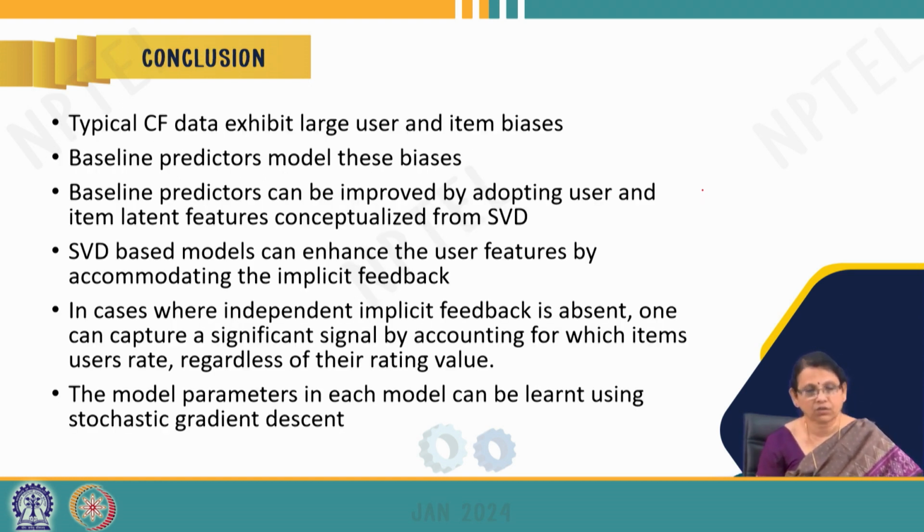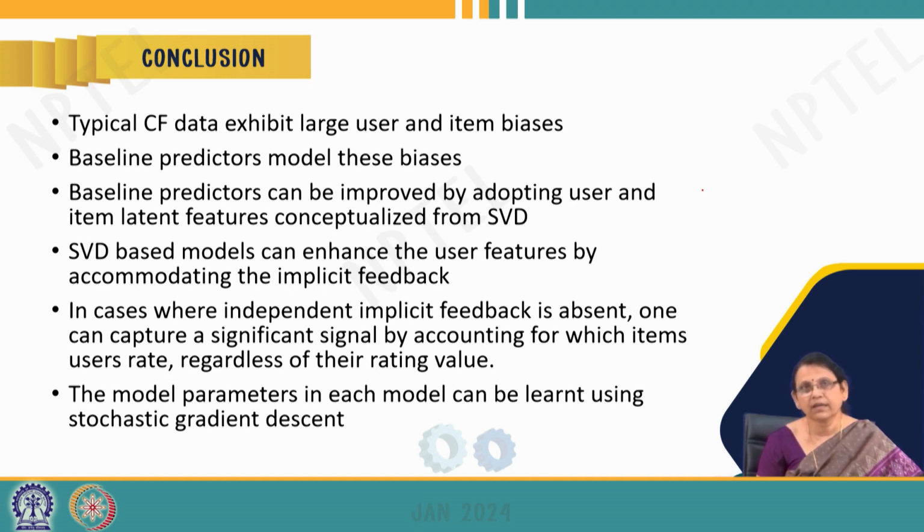These are our conclusions. Typical collaborative filtering data exhibits large user and item biases. A baseline predictor models these biases. These baseline predictors can be improved by adopting user and item latent features conceptualized from singular value decomposition, and this SVD based model enhances the baseline model.